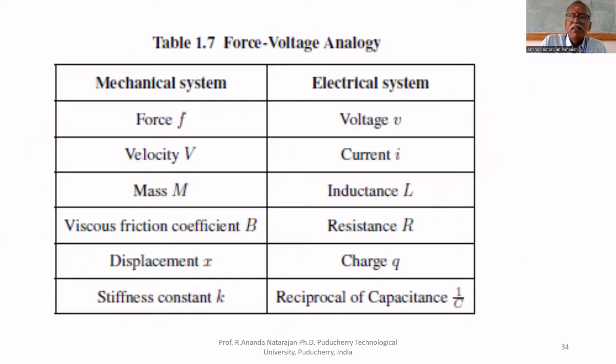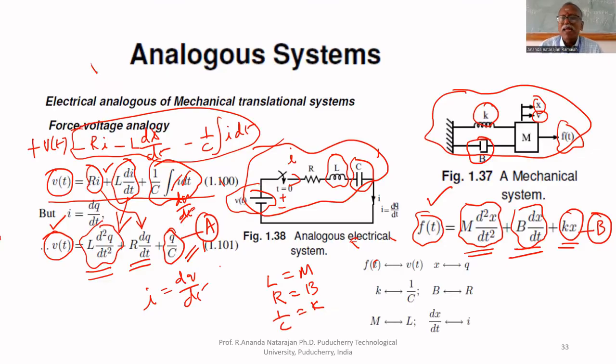Before that, how can you get an analogous electrical system for a given mechanical system? Replace M by L, replace B by R, replace K by 1 upon C. That's all.